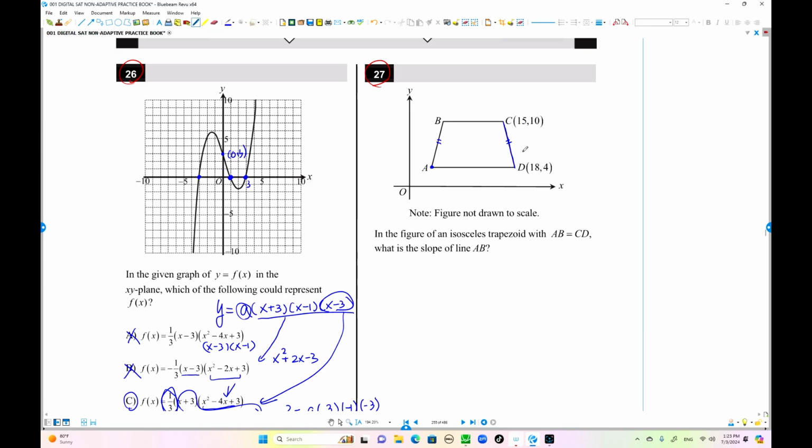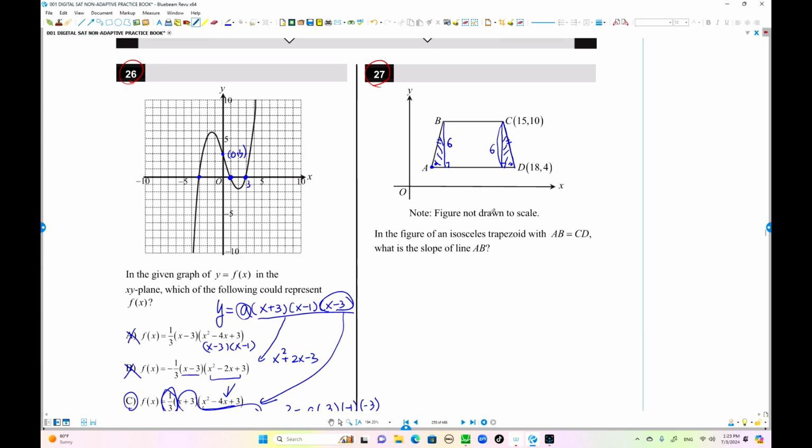Since this is isosceles, when you make perpendicular lines, these two triangles are congruent, right? This is the same length, and these two angles are the same. This is the right triangle, so by side-angle, these two triangles are congruent. What is the length of this one? 10 minus 4 is 6.